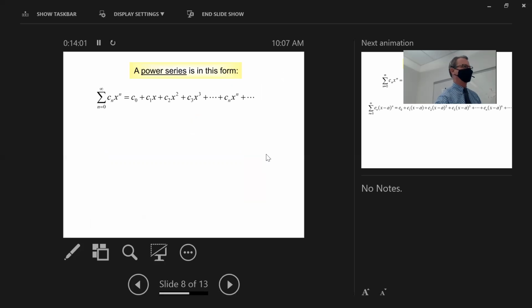Now, what does a power series mean? It means the independent variable is in the base. It's like a power function. Ready? Do you understand the difference between this? Y equals 2 to the x, y equals x squared.